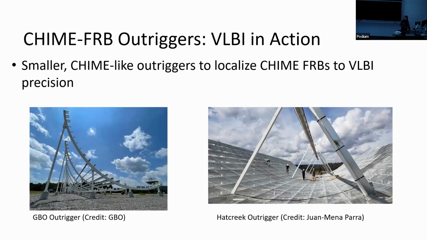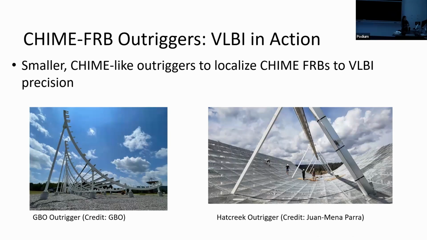So this brings me to CHIME FRB outriggers. Right now there's a project in its commissioning and beginning science phase called CHIME FRB outriggers, and it's smaller CHIME-like telescopes. One's in California, one's in BC. I forget. Oh, the other one's at Green Bank.